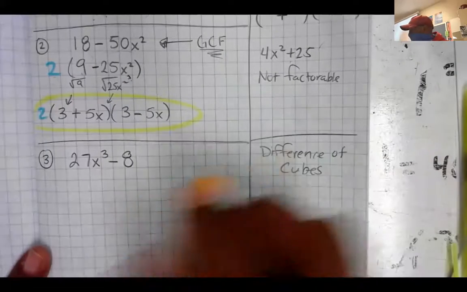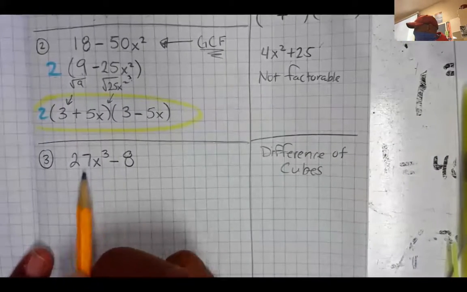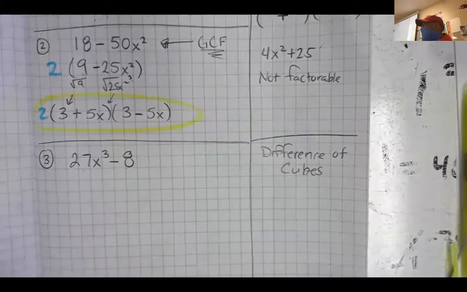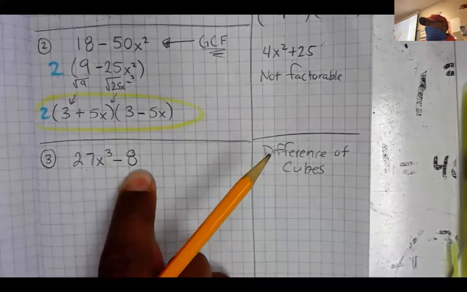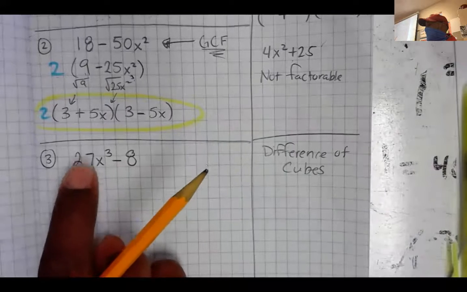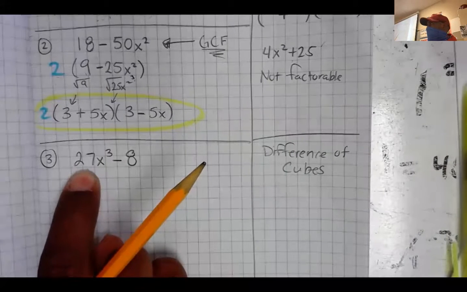Okay, so with differences of cubes, if you start with two perfect cubes, let's talk about what that means. A perfect cube means that I can take one number and multiply it 3 times to get these numbers. So what number would I multiply 3 times to get 27? 3 times 3 times 3.